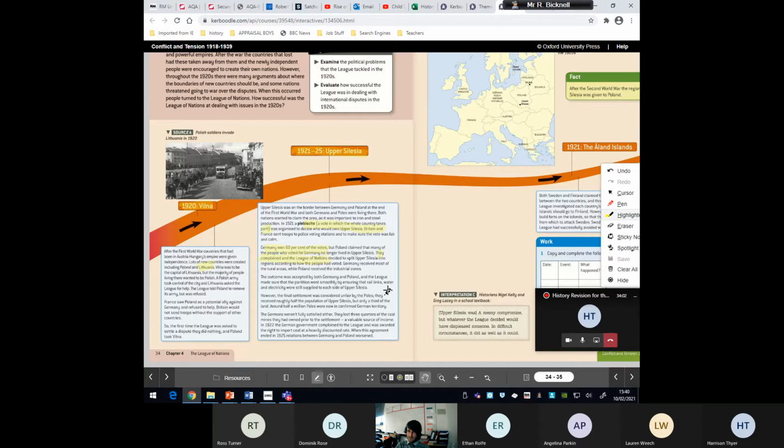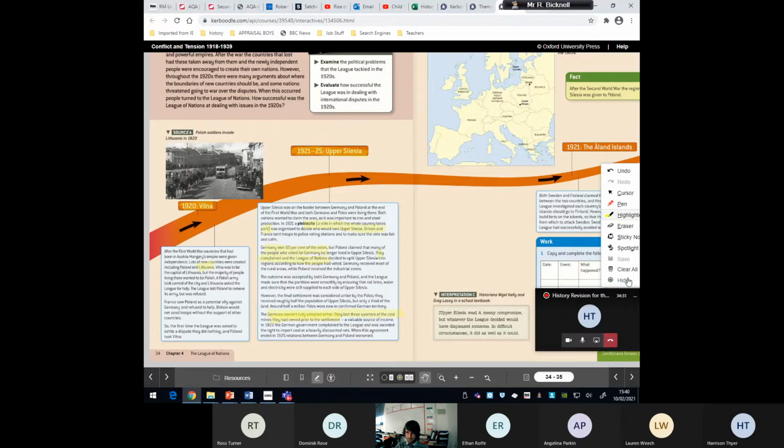Germany wasn't really satisfied with this because they'd lost 3/4 of their coal mines to this new settlement. But you could argue that the League was successful during this period. It had stopped a potential war between Poland and Germany. Neither side were particularly happy, but there was no war. The League was successful.